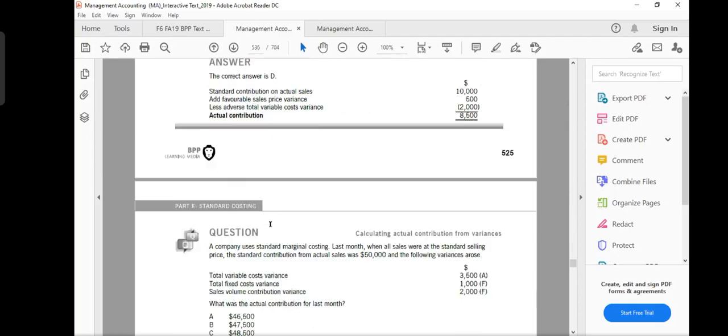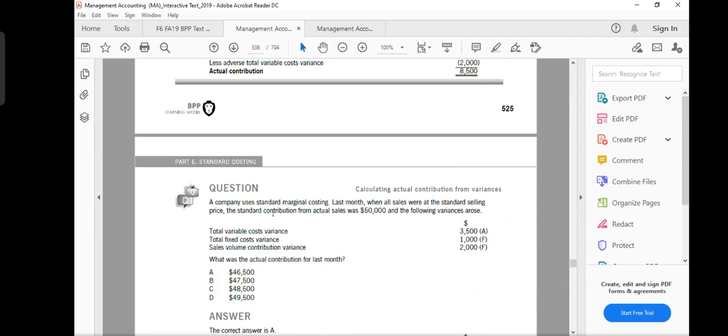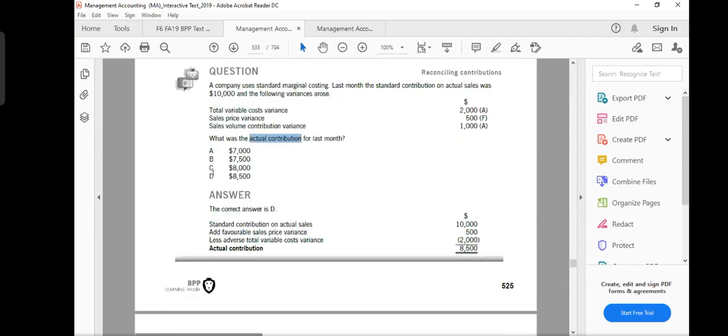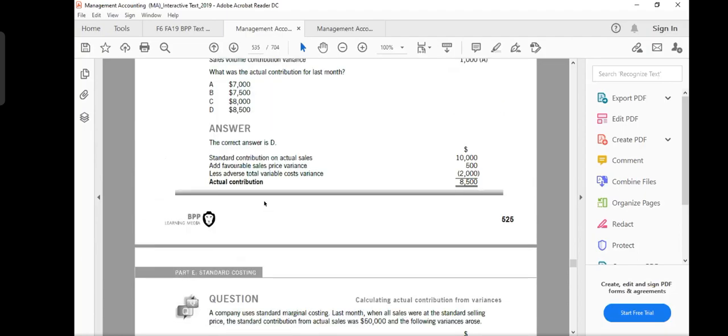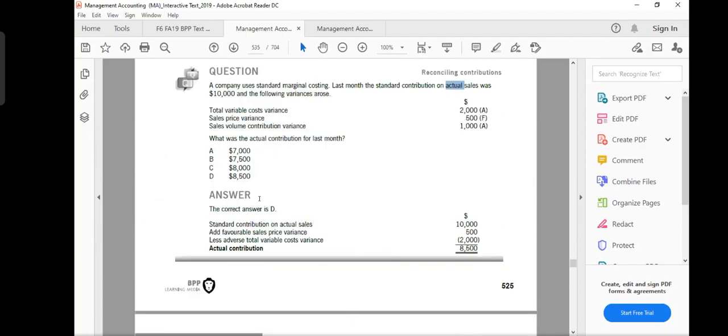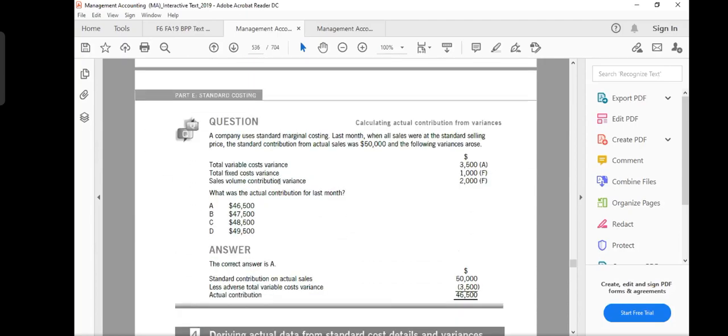And now let's see one more question for the fixed cost variances. If you pay attention, like in the previous question, actual, here it is also actual. So you ignore the volume. But if it is budgeted contribution, then you should have considered it. Okay. Then one more question for fixed cost. A company uses standard marginal costing.